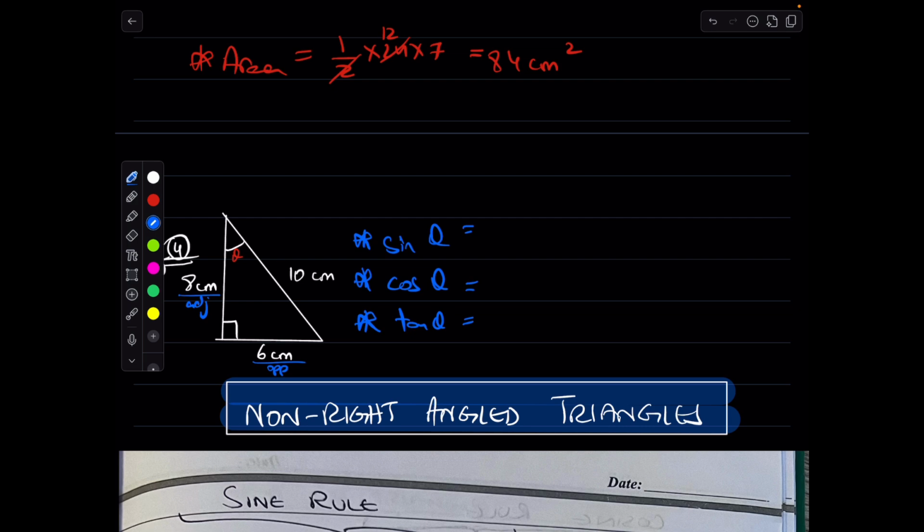Sin theta is 6 over 10, cos theta is 8 over 10, and tan theta is 6 over 8. Theta turns out to be 36.9 degrees from all these ratios.